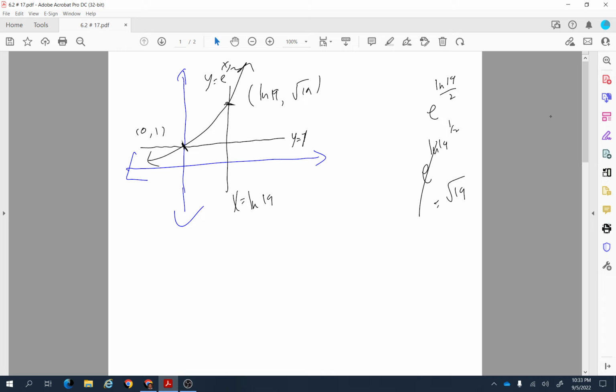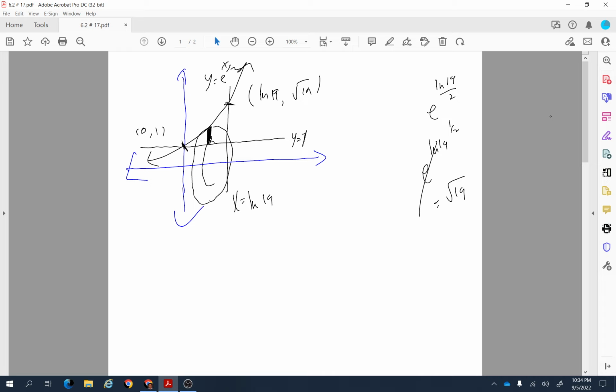So we take a piece of it like this one, and when this piece revolves around the x-axis, this is the structure you are going to get.